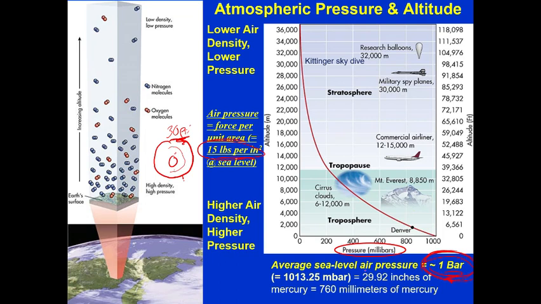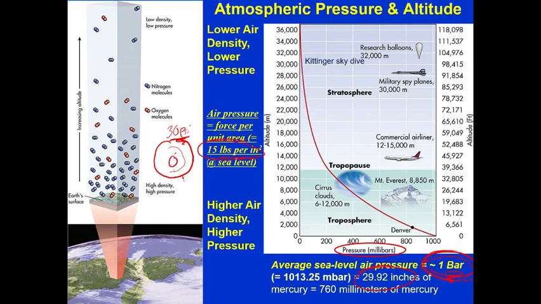Yet another way of writing it is inches of mercury. I know that's a strange way of thinking about it, and I could explain where that comes from, but for right now, just take it as a given. There's 29.92 inches of mercury at standard levels, at sea level.